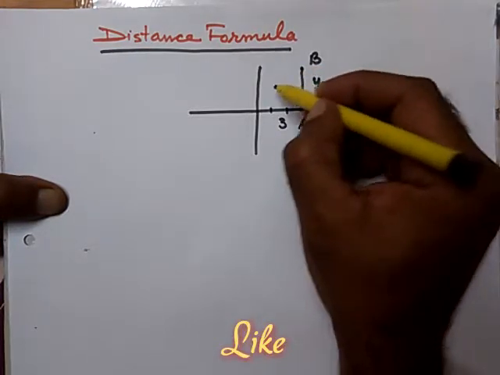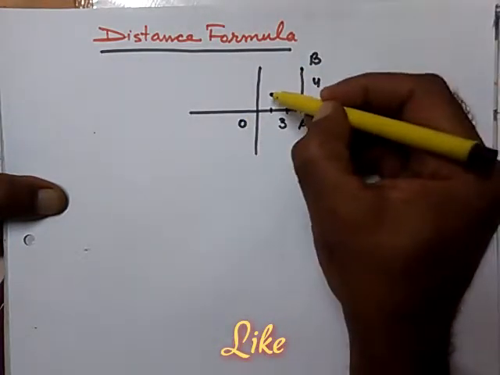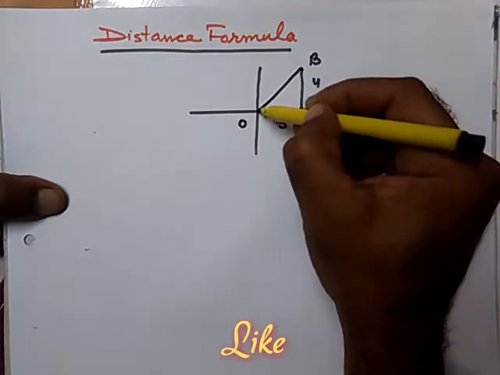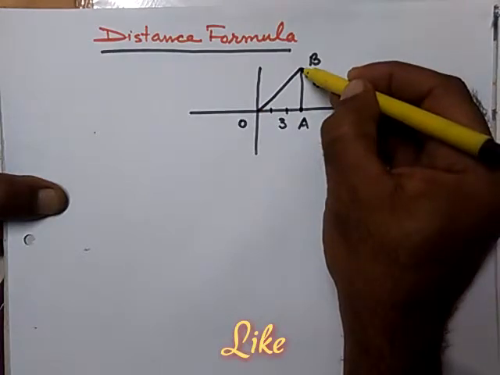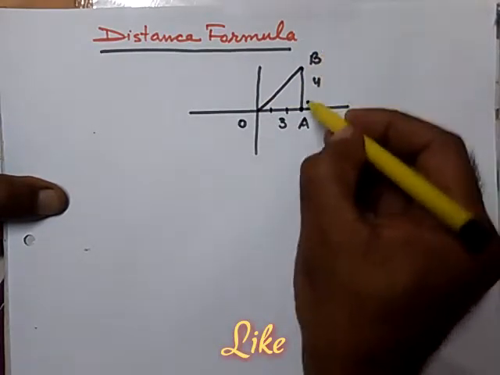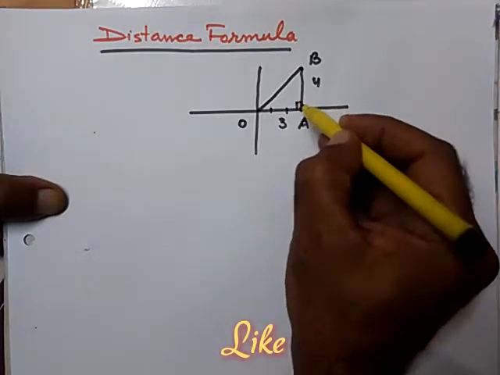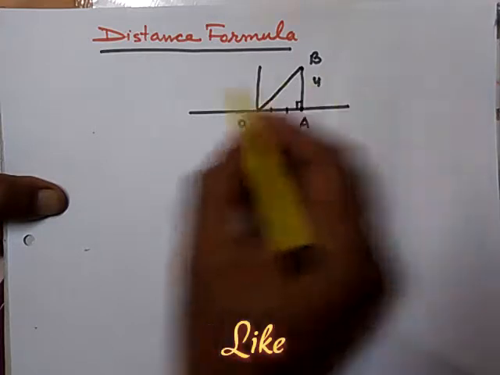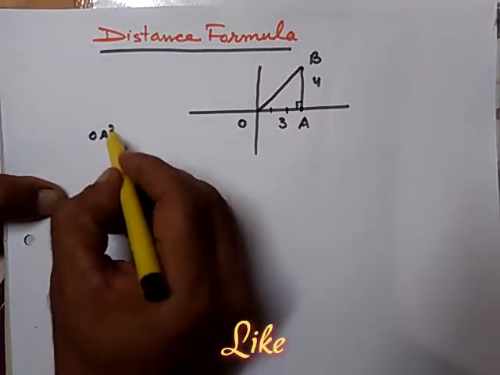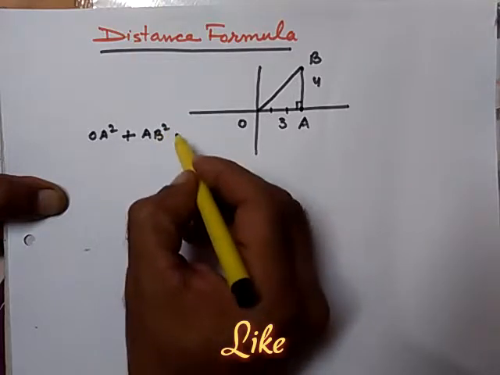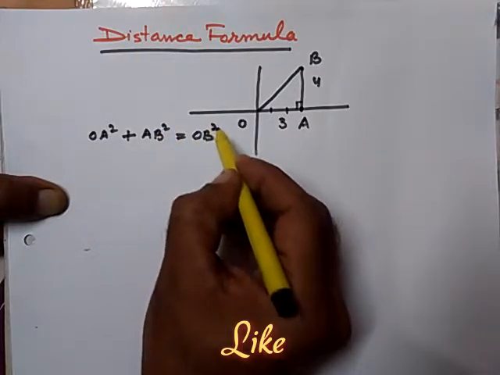Now we want to find the shortest distance between O and B. So what is the length of OB? Because this angle is 90 degrees, by using Pythagoras theorem, OA square plus AB square is equal to OB square.